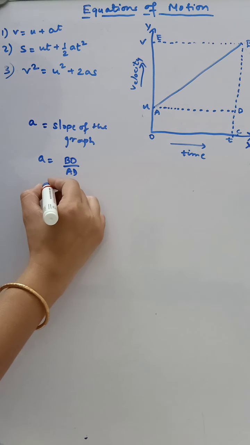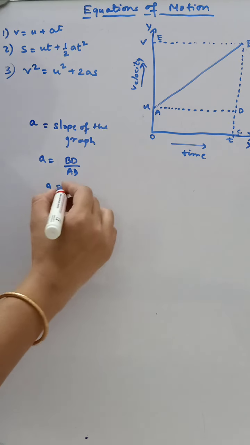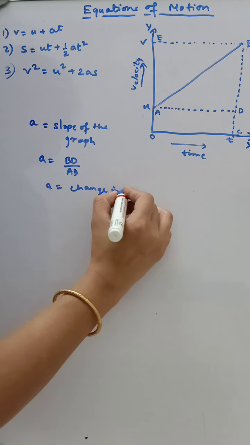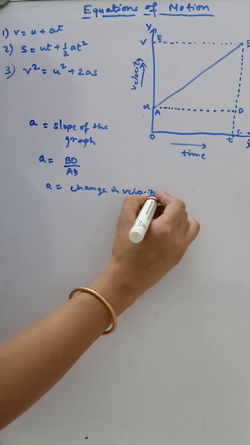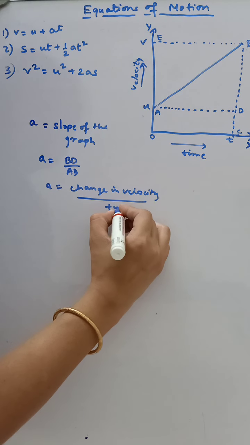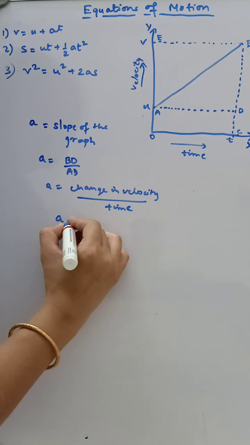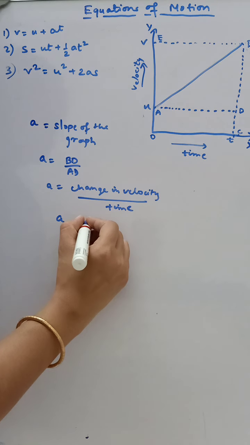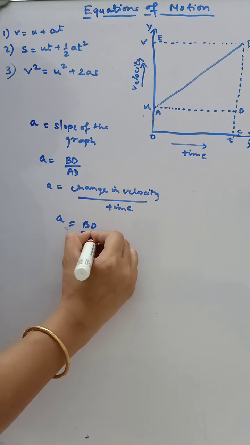We also know that acceleration is equal to change in velocity by time. So here we have slope equal to BD by AD.